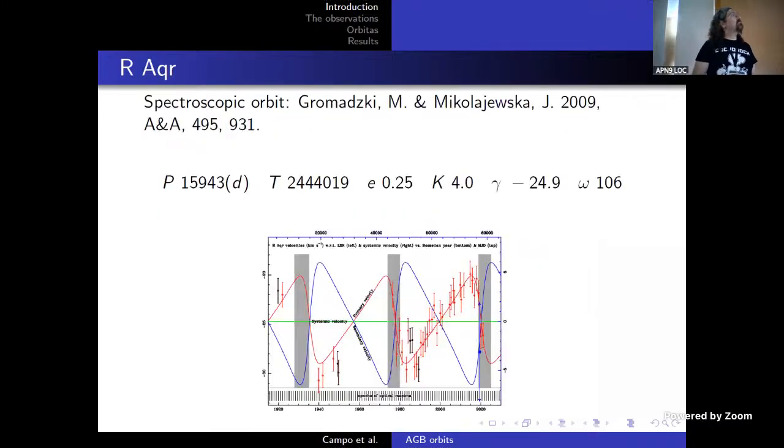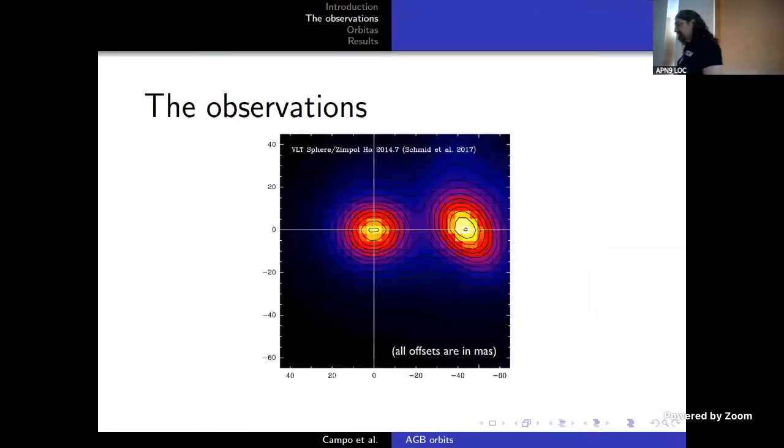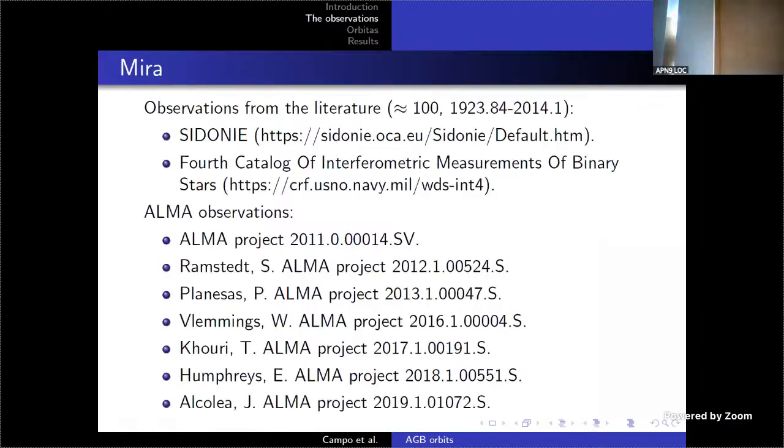Well, now for the observations. For Mira, we have loads of observations. We have about 100 observations in the literature that we got from the catalog Sidonie for the visual observations, and the Fourth Interferometric Catalog for the high-resolution observations. But we also use observations made by ALMA from our own team, as you can see here, and others that we found in the ALMA archive.